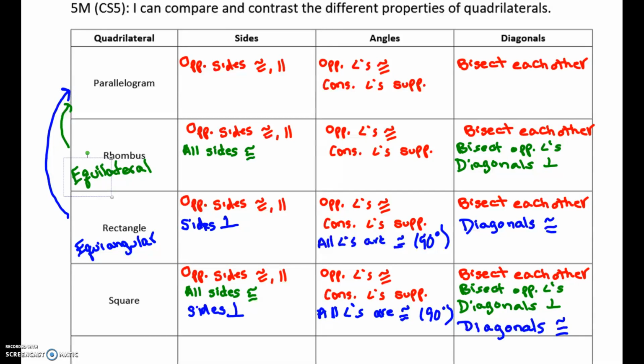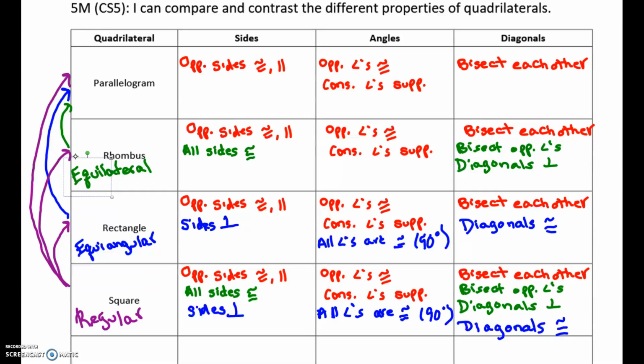And my square is the regular parallelogram, because it not only is a parallelogram, it's also a rectangle and a rhombus. It's all three. So it's both equiangular and equilateral, which makes it regular.